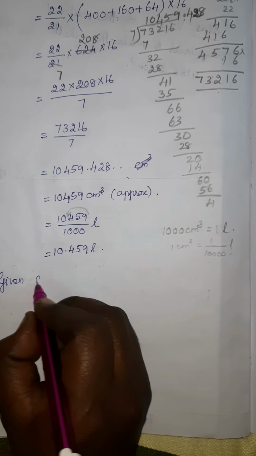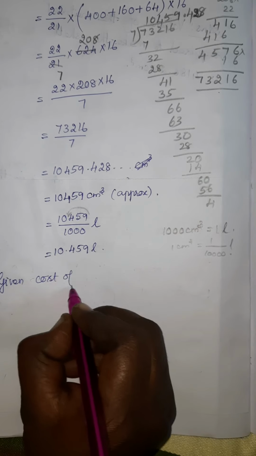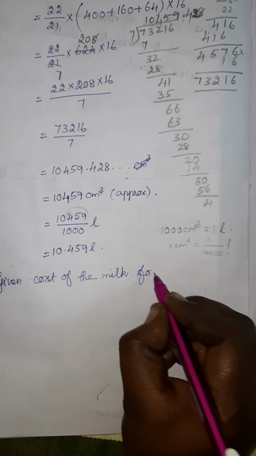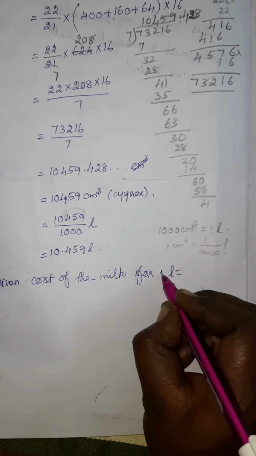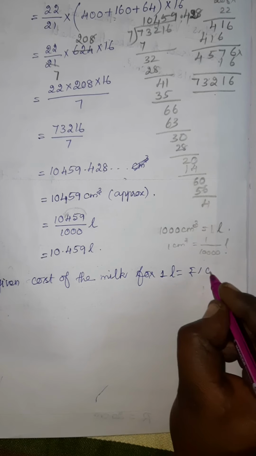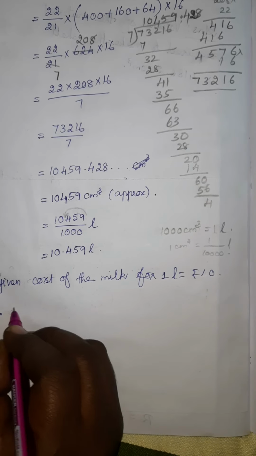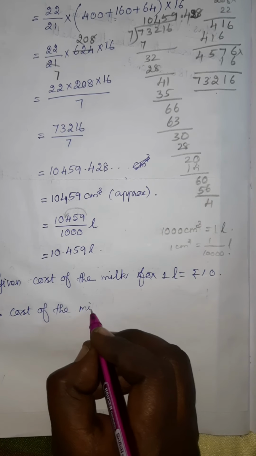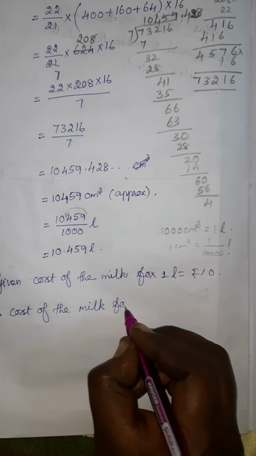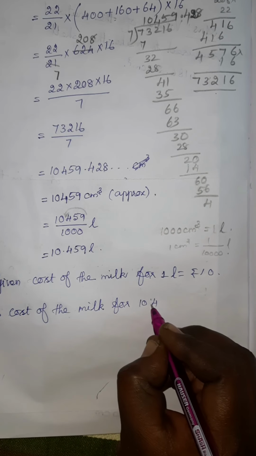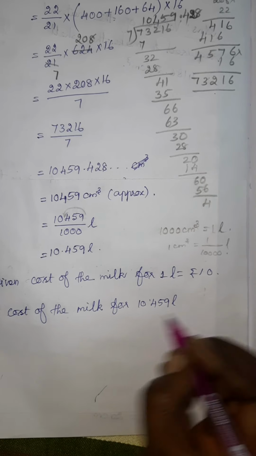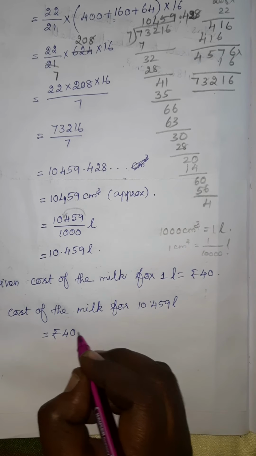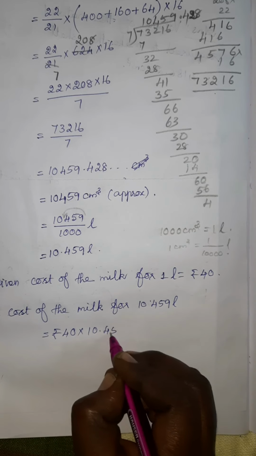Okay, next in the question they have given the cost of the milk for 1 liter is equal to rupees 40. Okay, therefore cost of the milk for 10.459 liter is equal to rupees 40 into 10.459.